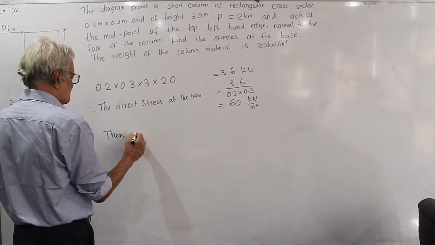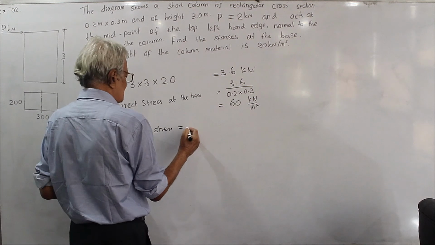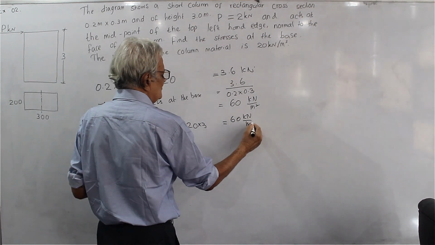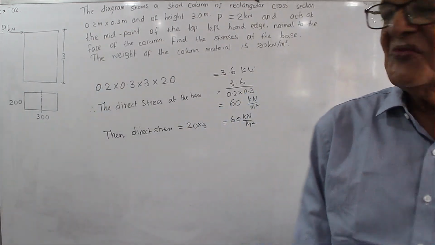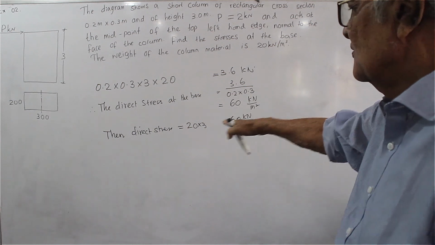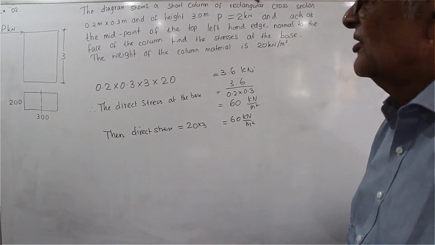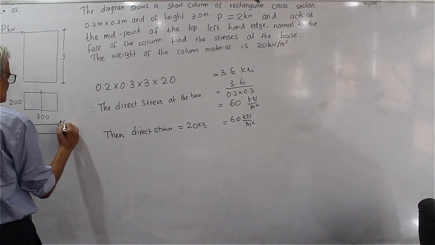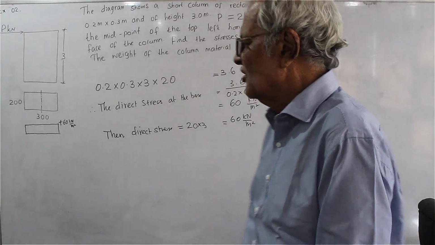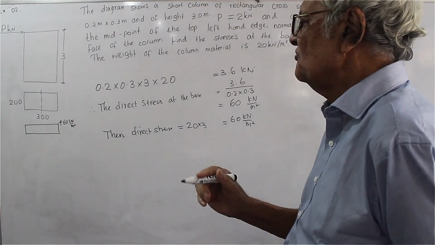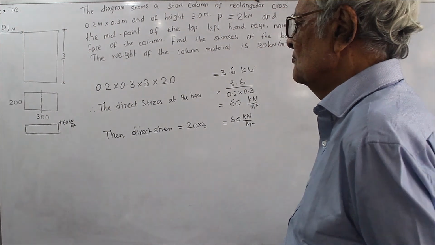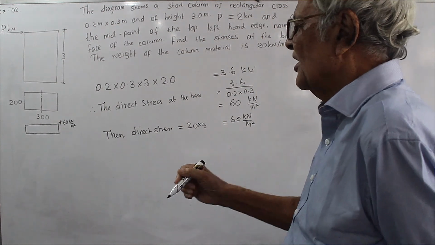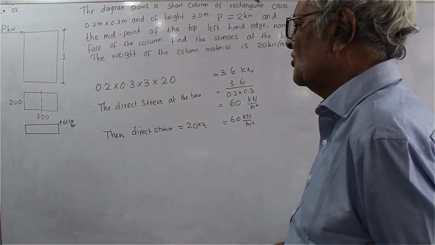Then direct stress equals 20 into 3. So whenever we do these problems, we don't have to calculate like this. We just multiply the unit weight of the material by height. You will notice that we use the plus sign for compressive stresses, because in columns the major stress is the direct stress, which is compressive.